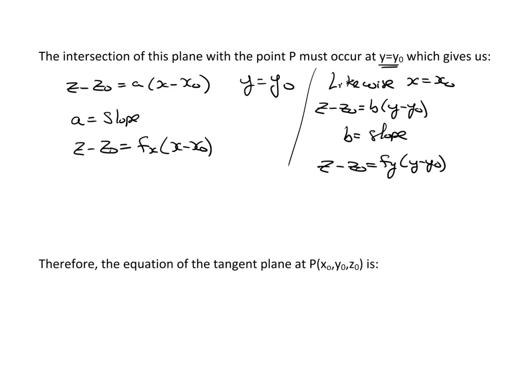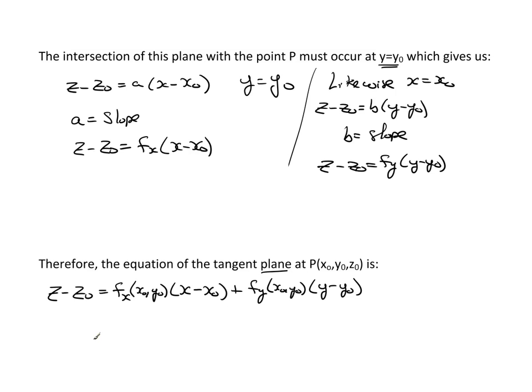With this idea, we can take it a little further and say that the equation of the tangent plane at the specific point, I could write as z minus z naught is equal to the partial with respect to x at the point x naught, y naught times x minus x naught plus the partial with respect to y at the point x naught, y naught times y minus y naught.